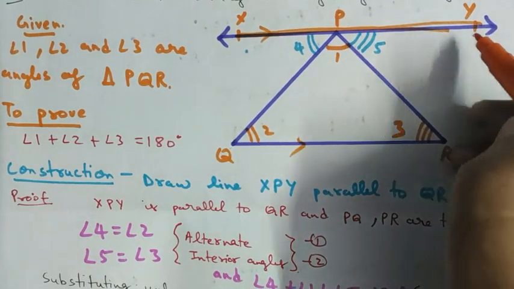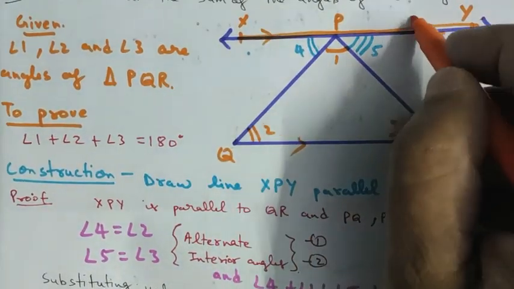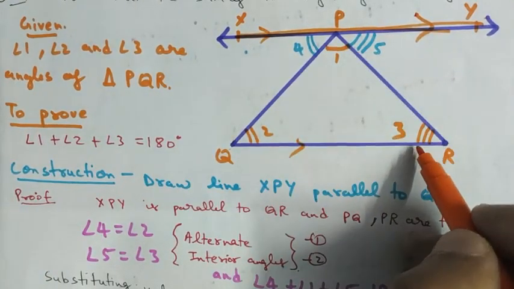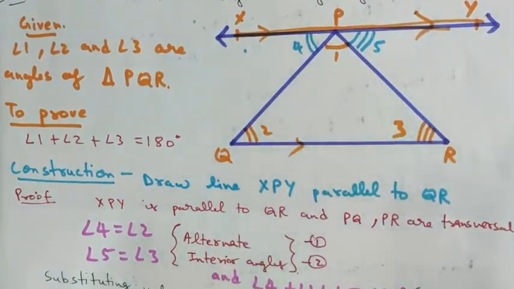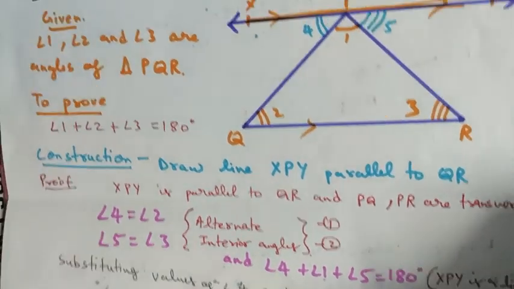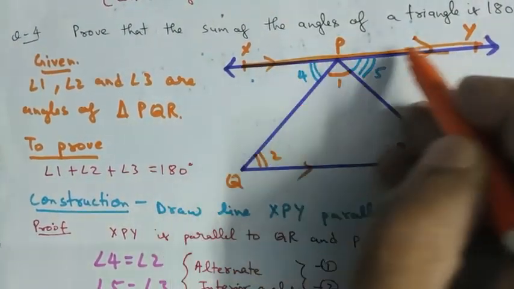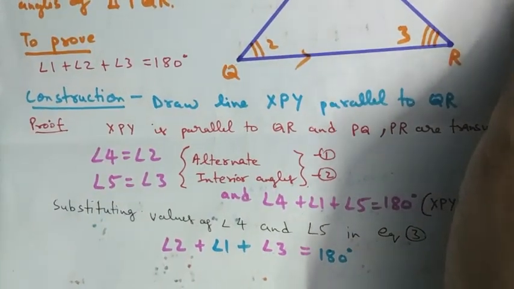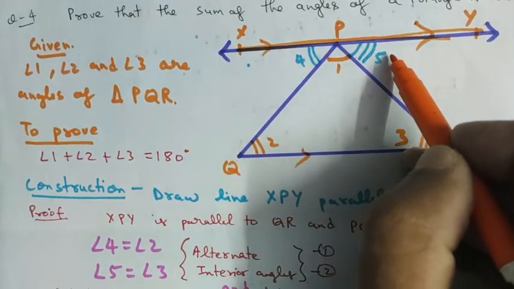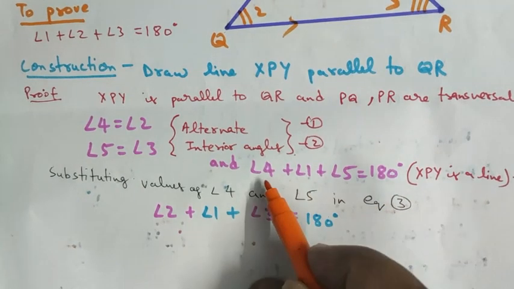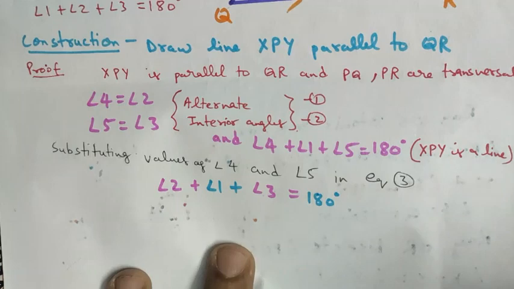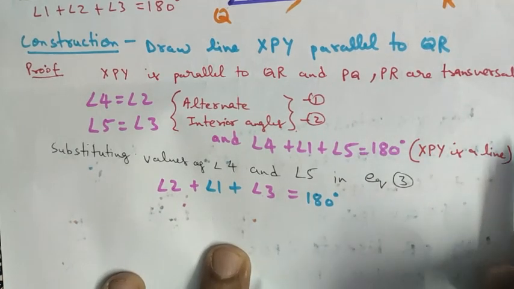Similarly, since XPY is parallel to QR, angle 5 and angle 3 will also be equal because they are also alternate interior angles. And one more thing, we know that XPY is a straight line. So angle 4 plus angle 1 plus angle 5 will be equal to 180 degrees. This is equation number 3.